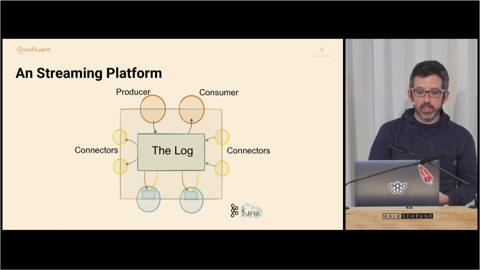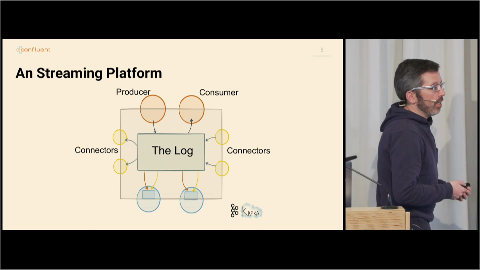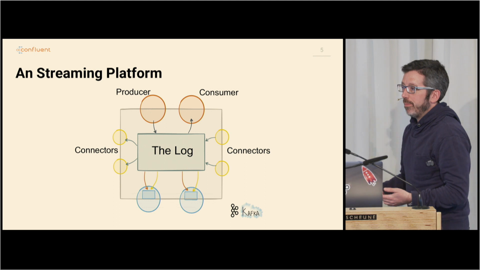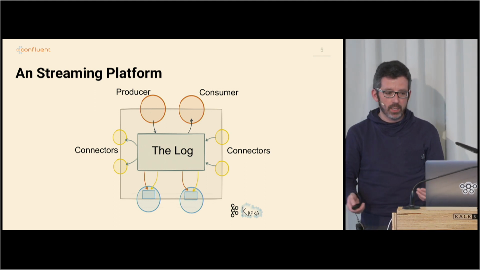And last but not least, there is Kafka Streams. With Kafka Streams, we can read and process in real time from topic to topic, basically allowing us to calculate aggregations, filterings, etc.